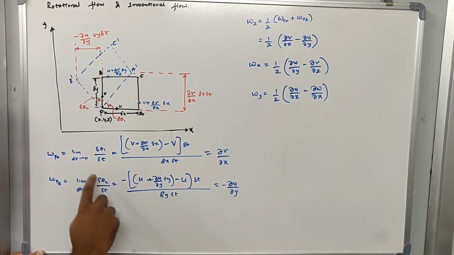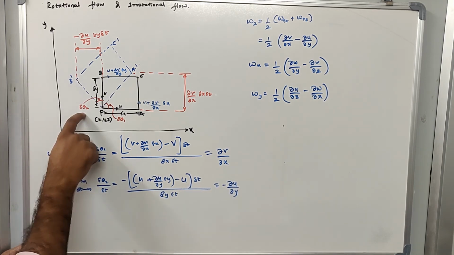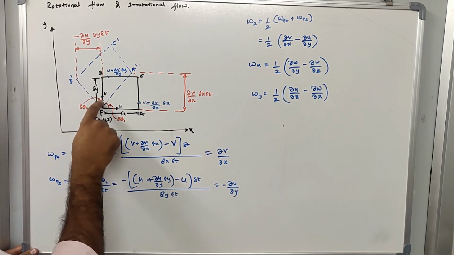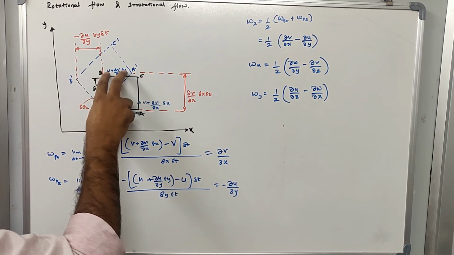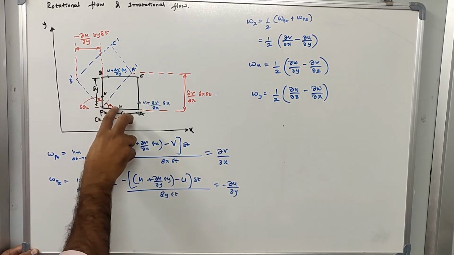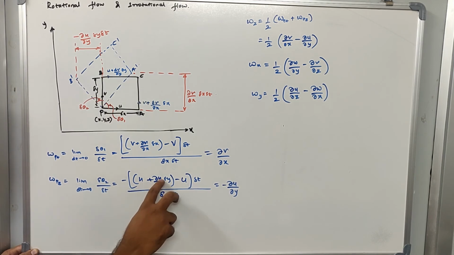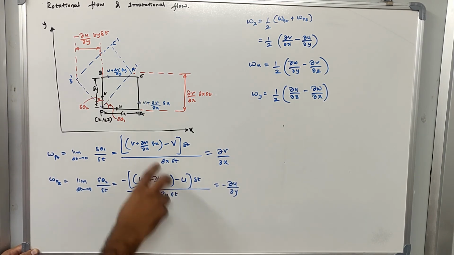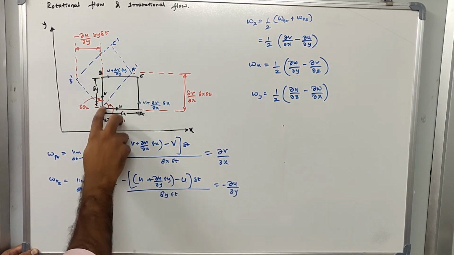Let us define delta theta 2, the small change in angle at this point. The velocity at this point is u plus du by dy into delta y, and at the point P it is u. Subtracting u gives the difference of velocities at P and B.